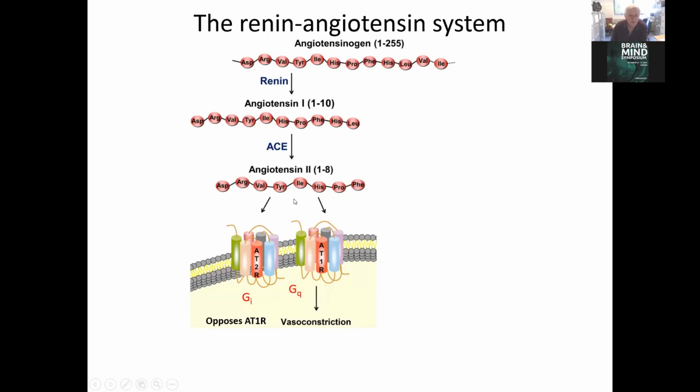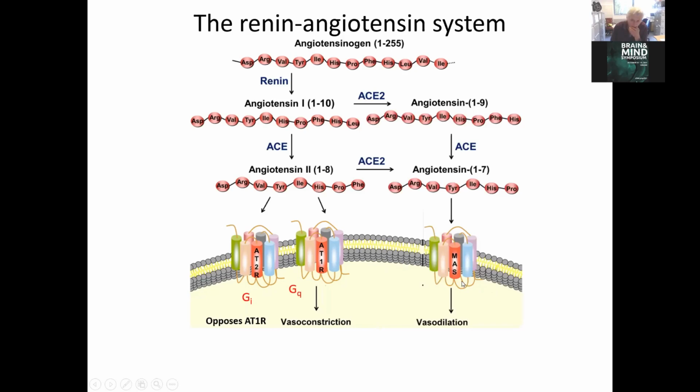And this acts mostly on angiotensin 1 receptors to produce a constriction and increase your blood pressure again. There's some opposition to this by angiotensin 2 receptors. And 20 years ago, that was the whole story.